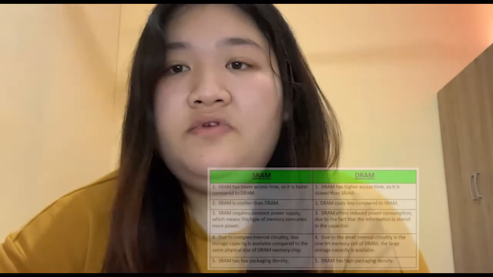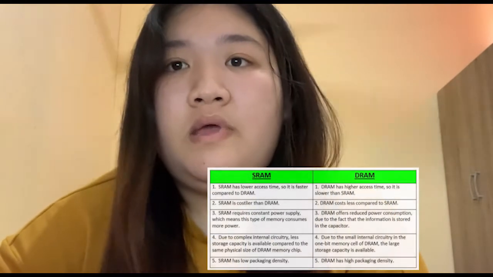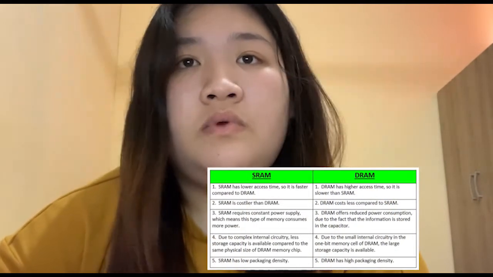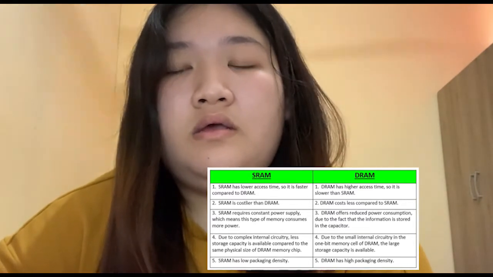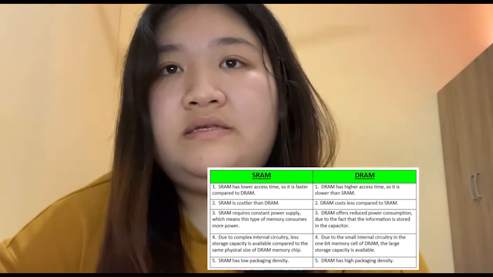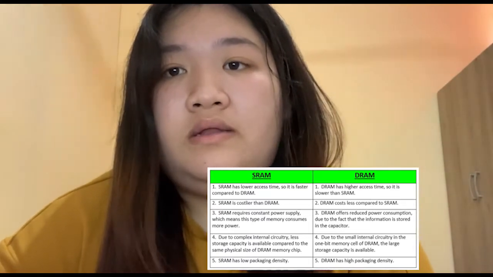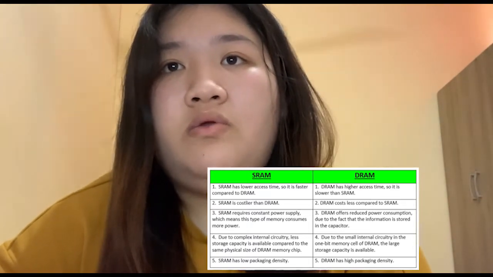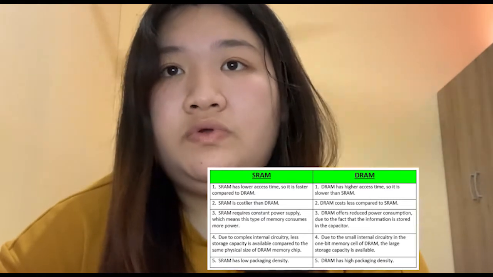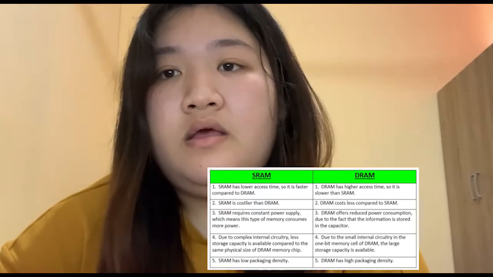So this is the difference between static RAM and dynamic RAM. Static RAM has lower access time, so it is faster compared to dynamic RAM, while dynamic RAM has higher access time, so it is slower than static RAM.